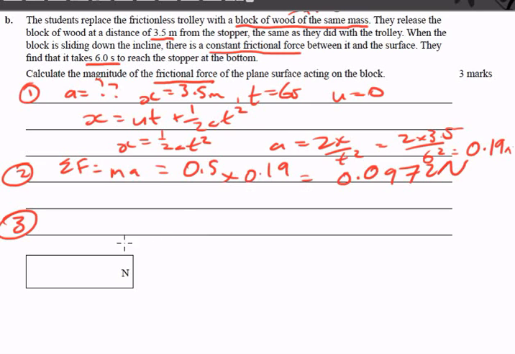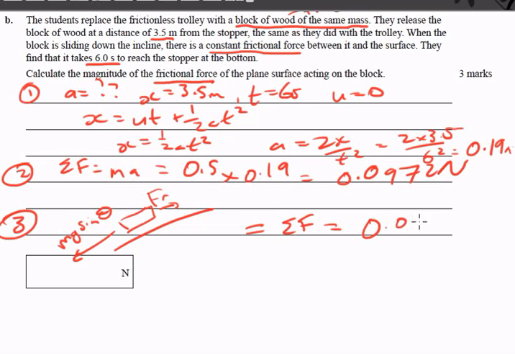So we've got our ramp here, and we look at our frictional force. Now this will be something on your cheat sheet: the component down is always mg sine theta. And those two added together give the total force of 0.0972 newtons.